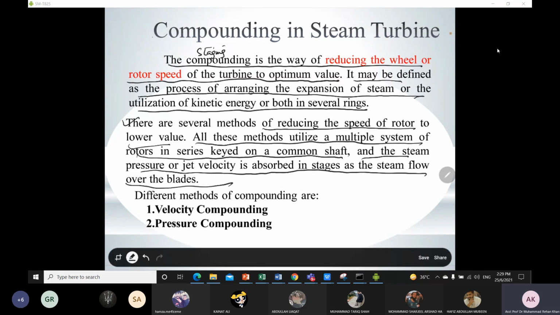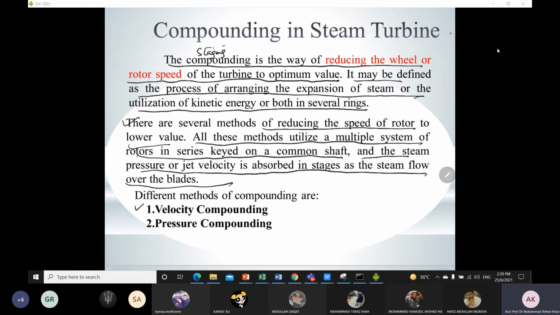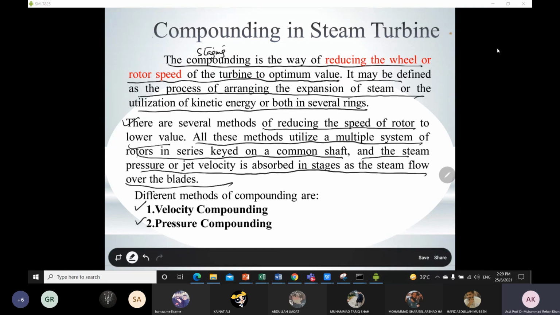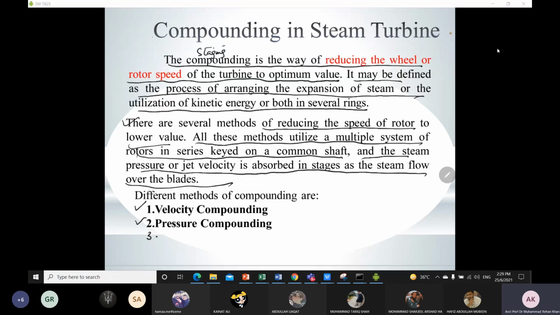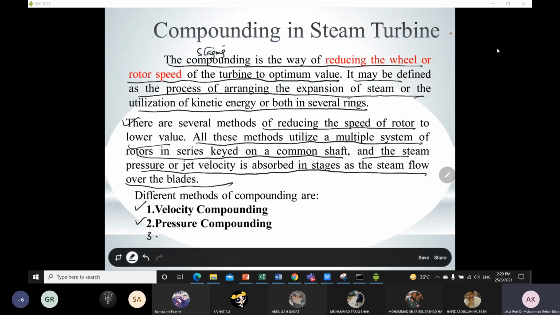So usually we have two methods, velocity compounding and pressure compounding, or you can say velocity staging and pressure staging. And there is also a third method, that is the combination of pressure and velocity, which we can call pressure velocity compounding.